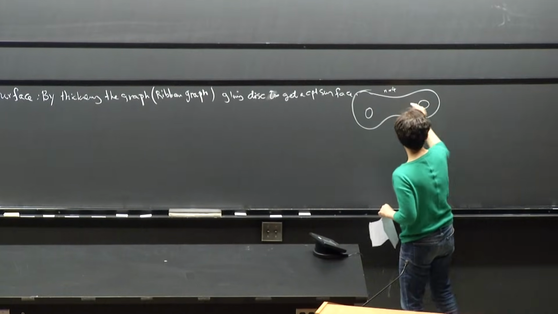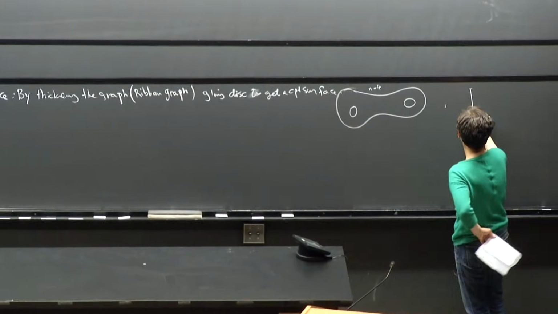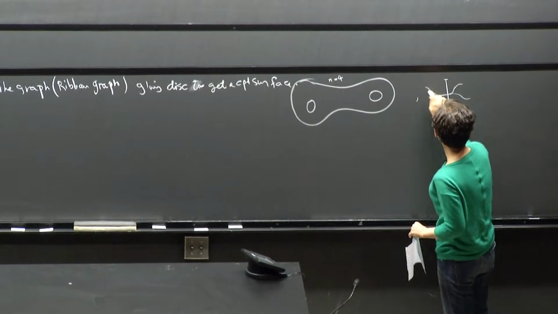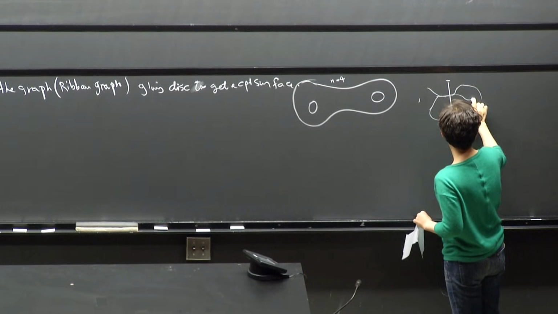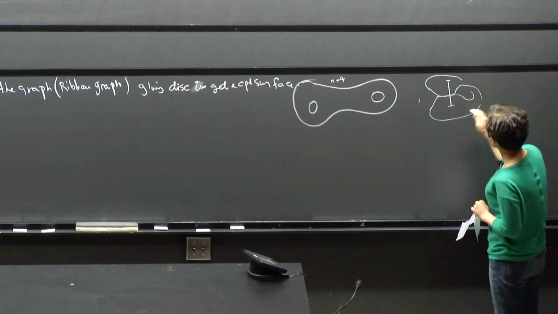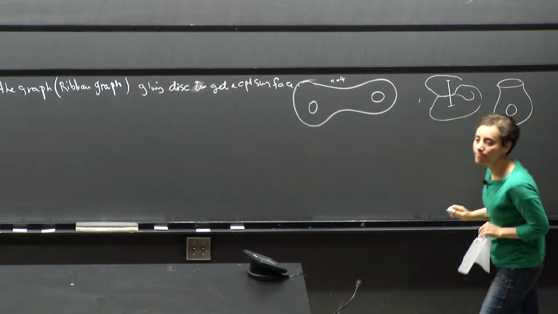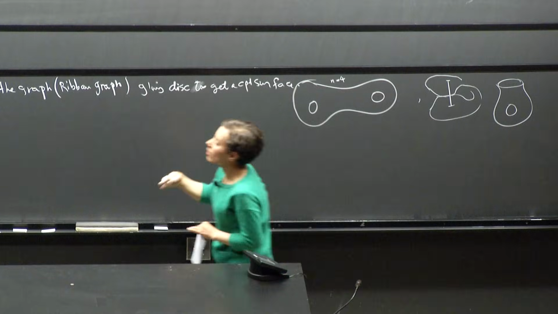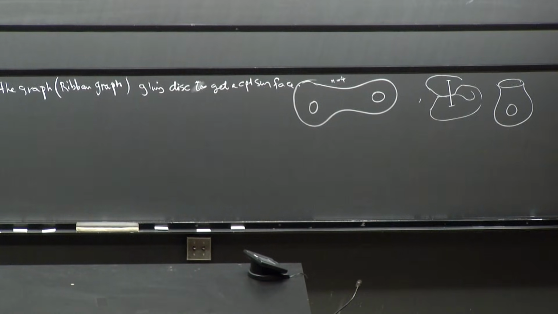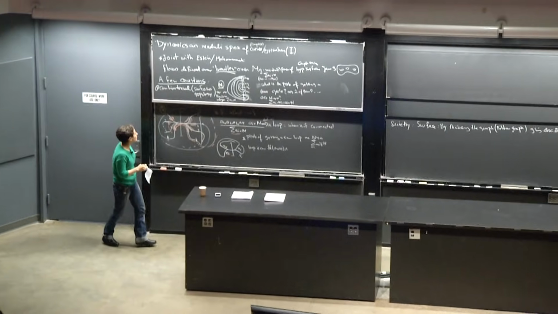So for this permutation that I have, or as I'm sure most of you have seen, if you do this kind of graph and you thicken it, you get a surface of genus 1. So these are questions related to some topological properties of things on surfaces.